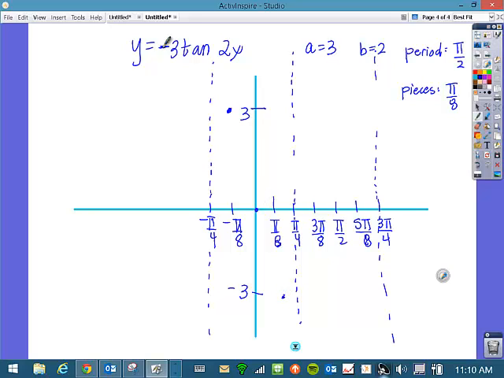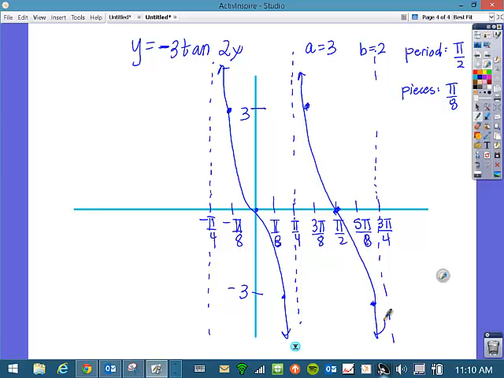So because it's negative, instead of pointing up towards the right, it's going to point up towards the left. And there you go.